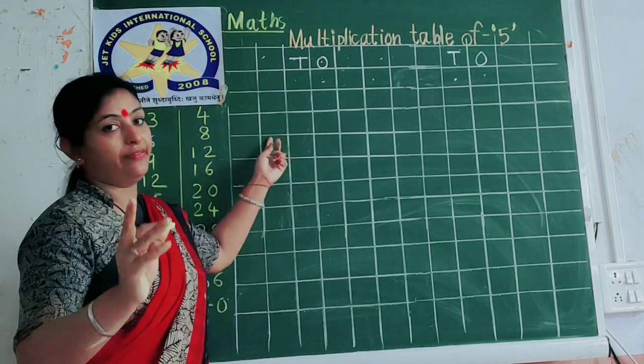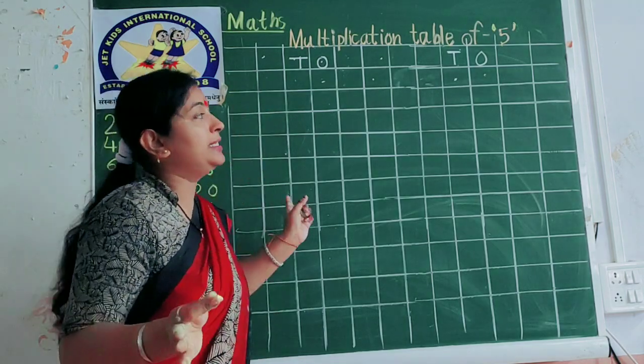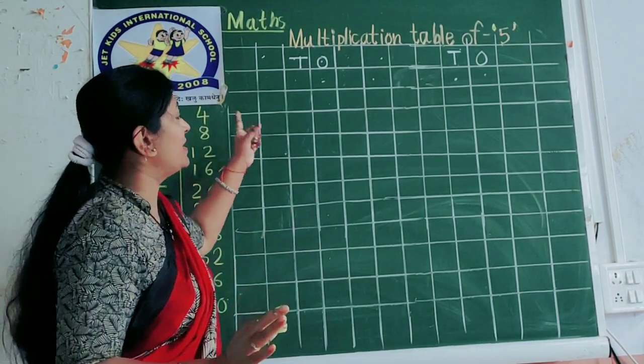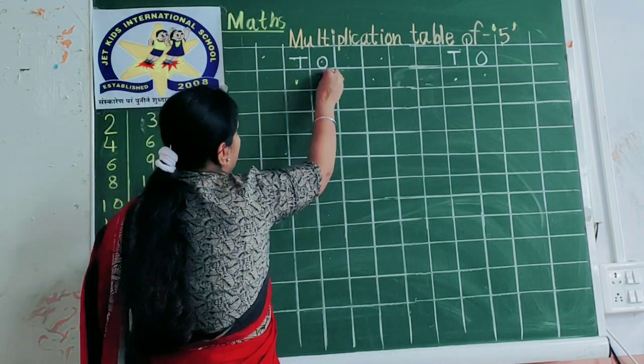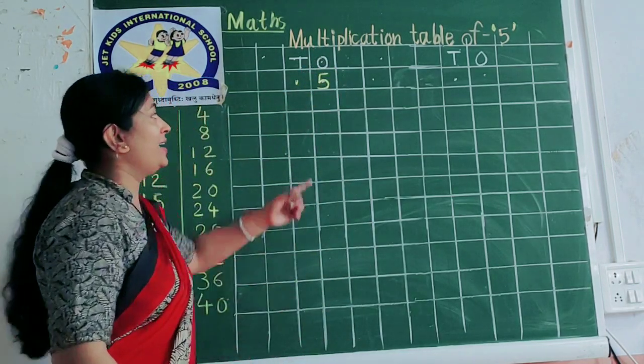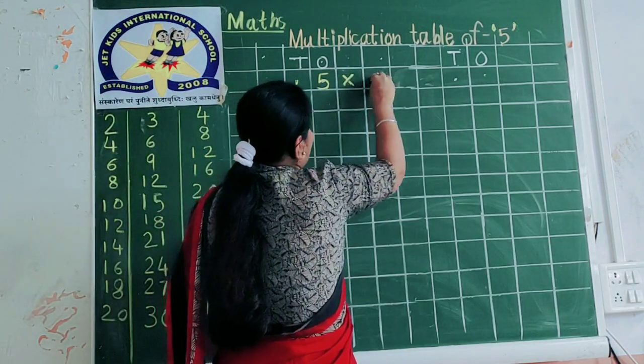First you leave only one horizontal box line. Ma'am has a big board, so ma'am has left 2 lines. So let us start with tens and ones. 5. So here, 5 ones are. Okay.